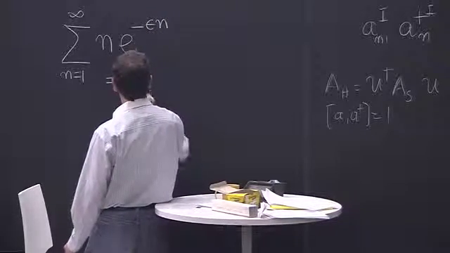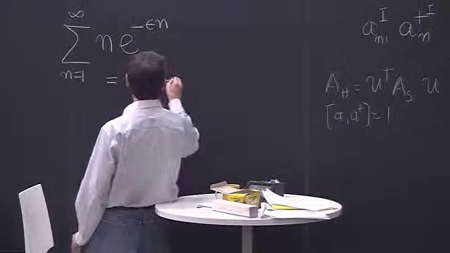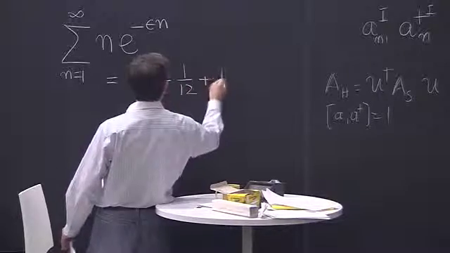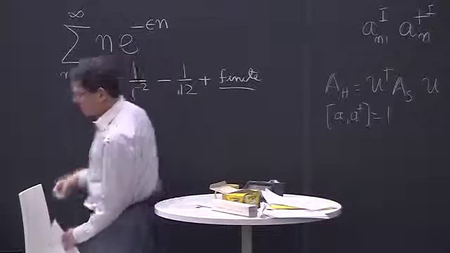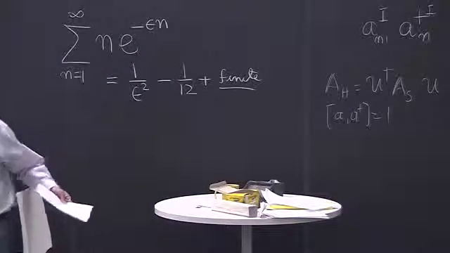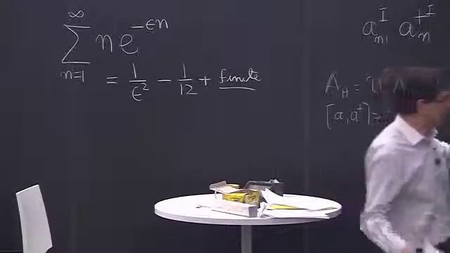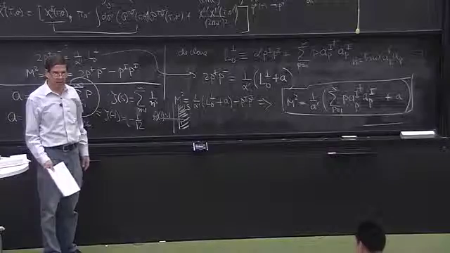It diverges like 1 over epsilon squared. But then, if you calculate it, you get minus 1/12 plus a divergent piece. So it's the same 1/12 here, that somehow is the finite part of something that is infinite, and in some sort of regularization scheme, it turns out that only the finite part matters.